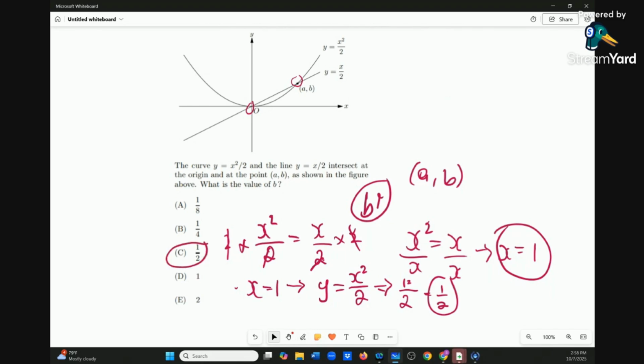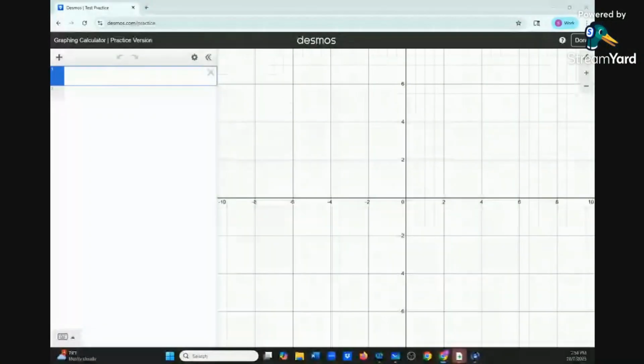Now, it took a little bit of time for me to get there, but let's plug this into Desmos, right? Remember, I always say that Desmos is definitely a better bet. So let's pull up Desmos really quickly and see what it looks like. Okay.